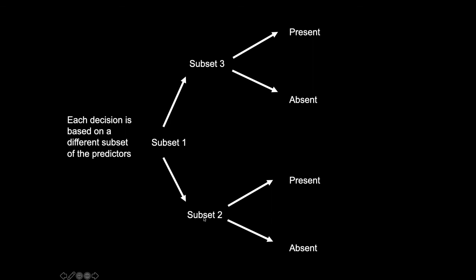And then when you go down to the next node, to your leftover data set, you're going to pick another random subset of your predictors to make this decision, and a different random subset of your predictors to make this decision. And so essentially what this does is it gives you a whole big set of decision trees that allows you to incorporate the variance in your data, and also the variation in your predictors and the inequality of your predictors.